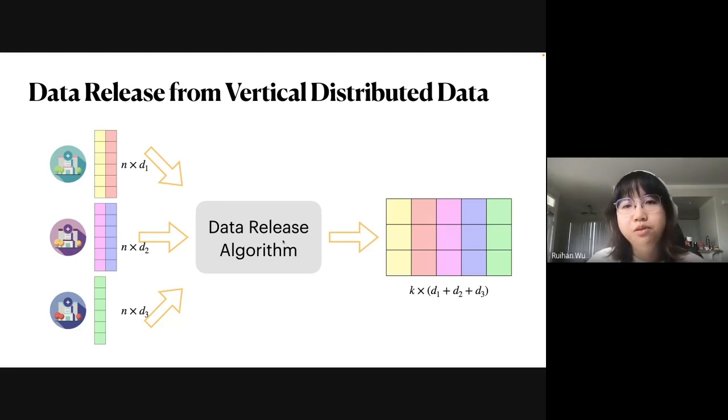Then it will output a new data set with k data points. We don't require that k should be the same as the original data set size n, but we hope that it will keep all attributes. So here it keeps all 5 different attributes of all those parties.